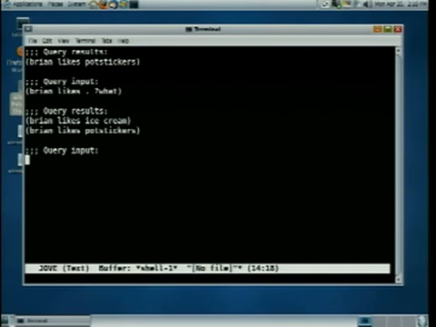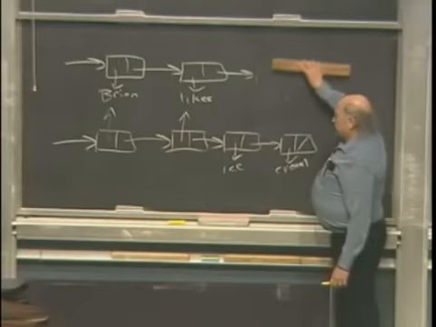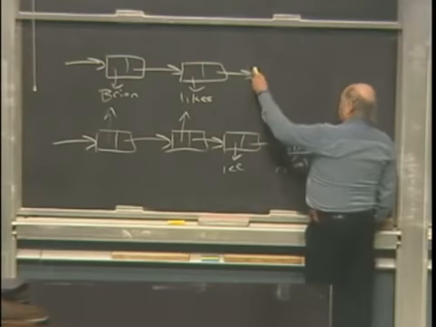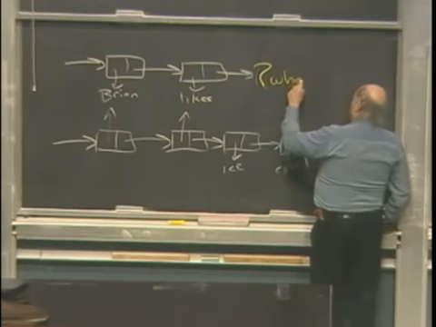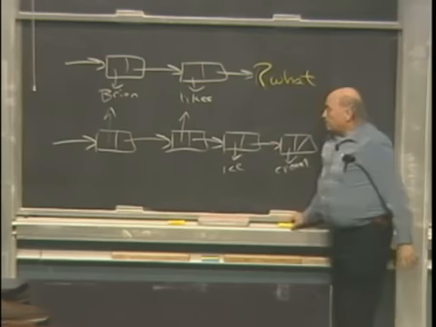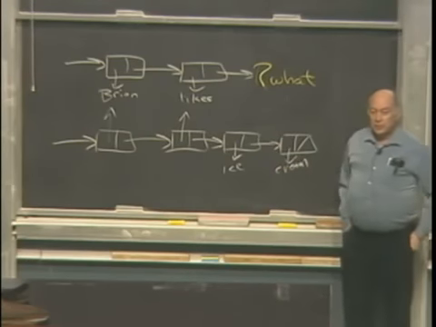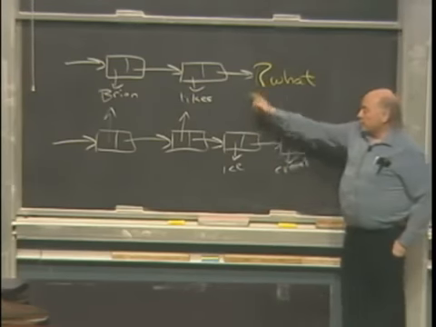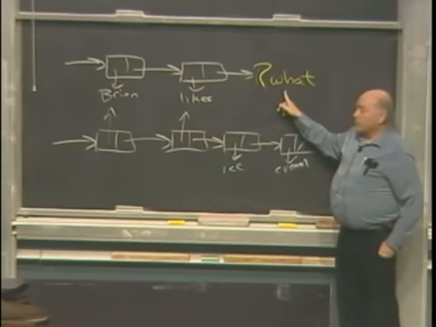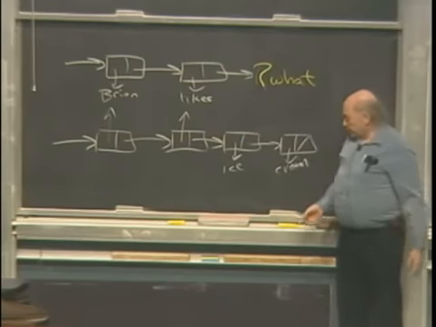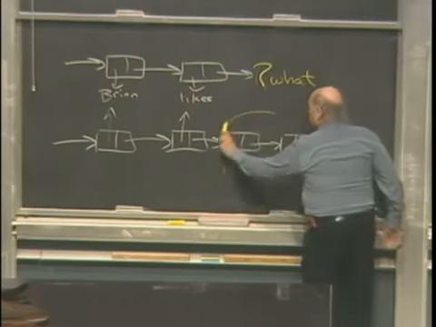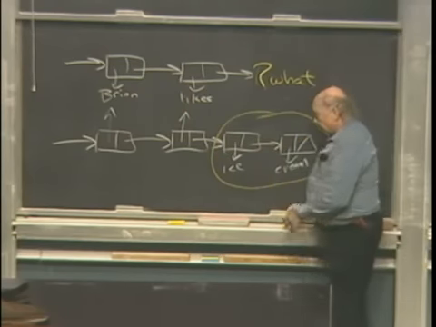And now I get both answers because this query is, instead of this, Brian likes dot what. So the cooter is question mark what. So Brian matches Brian, likes matches likes, and question mark what matches anything. Namely, it matches this entire list structure.